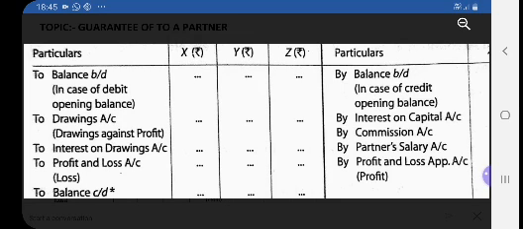It is a net loss. So accordingly, you just transfer the net loss to the debit side of the partners' current account in their profit sharing ratio. They will bear the loss also.